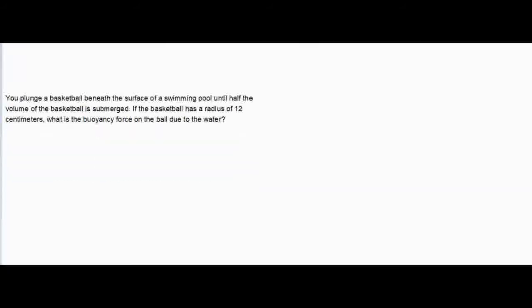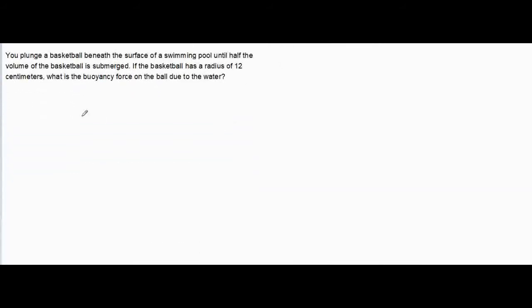Move on. You turn the basketball beneath the surface of a swimming pool until half of the volume of the basketball is submerged. If the basketball has a radius of 12 centimeters, what is the buoyancy force on the ball due to water? Now, the first thing we do is convert centimeters to meters. Always use SI units.